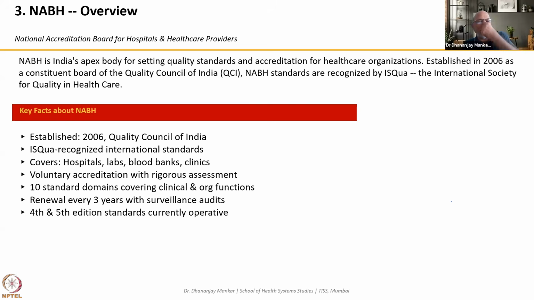And later, the fifth edition, which is the latest and currently operative, shows that NABH tries to fulfill the requirements of the International Society for Quality in Health Care, and to make it an approach that deals not only with cost but also with improving health outcomes.